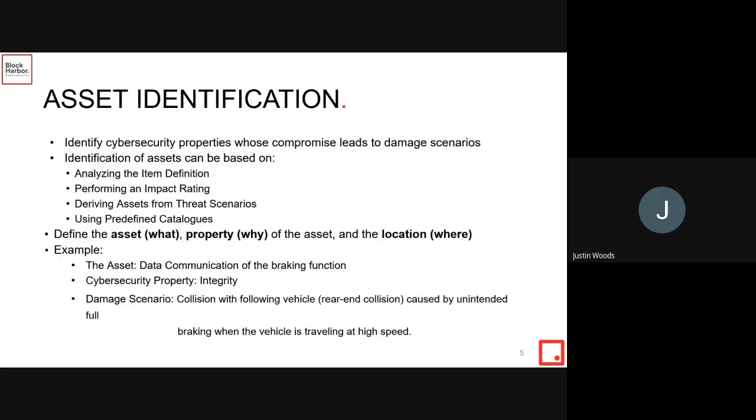We also want to identify the cybersecurity properties whose compromise leads to damage scenarios, as I just mentioned. We want to do identification of the assets, and we want to base this on analyzing the item definition, performing an impact rating, deriving assets from threat scenarios, as well as using predefined catalogs.